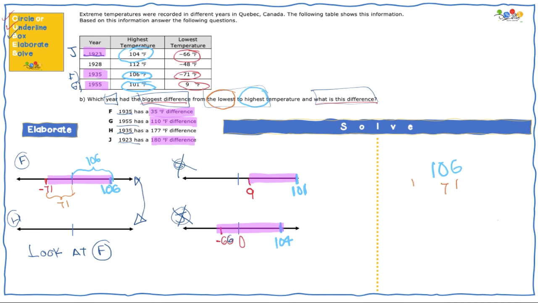In this case, we're just putting the distance together, which is the same as finding the absolute value of negative 71, which is positive 71. Great. That's what I made positive in here. Help me, please. 6 plus 1, 7. 0 plus 7, 7. 1 plus nothing, 1. So the difference really is 177 degrees.